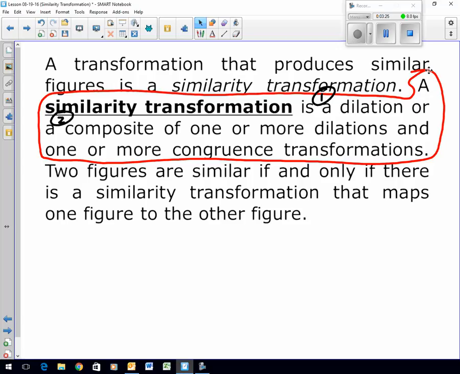Here is a composite. Composite means a combination of several things going on at once.